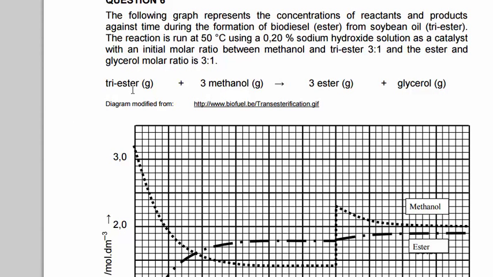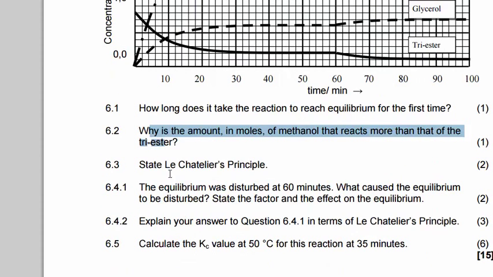I'm not going to waste time, because according to my reaction formula, I need 3 methanols for every 1 triester. So for every reaction, 3 methanols are used for every 1 triester that's used.